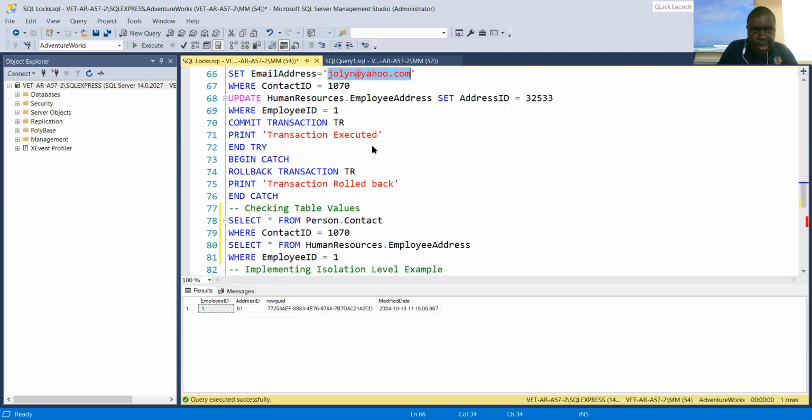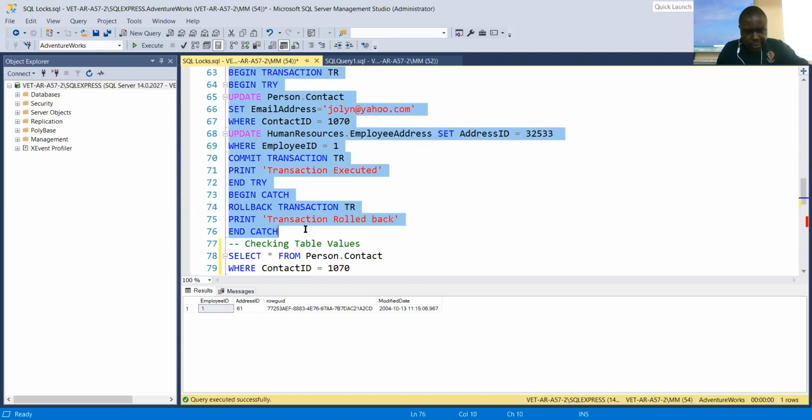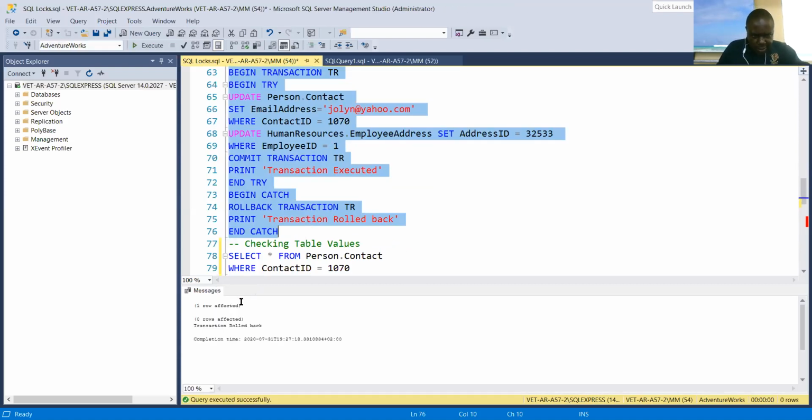So I will go ahead and execute this statement. We are told in one of them that one row has been affected. Then we have 0 rows affected in the other.